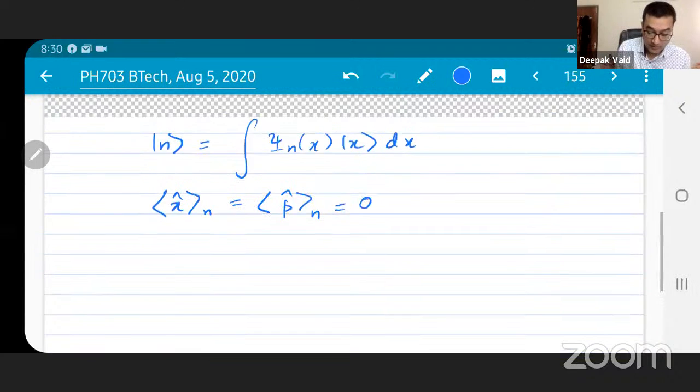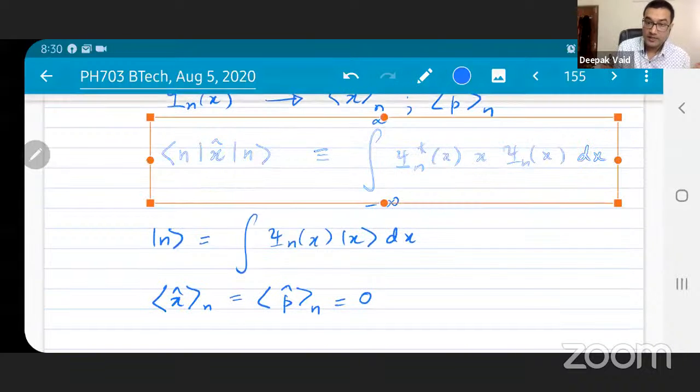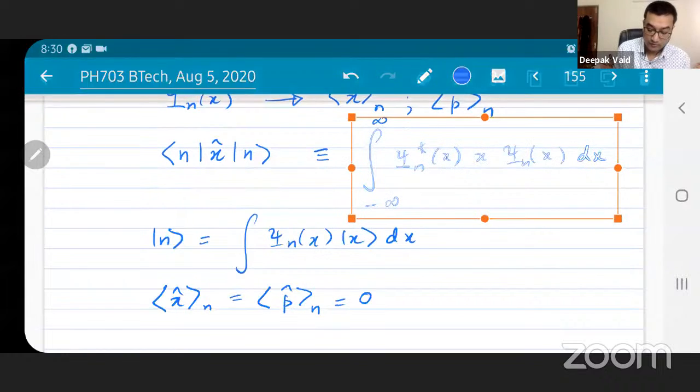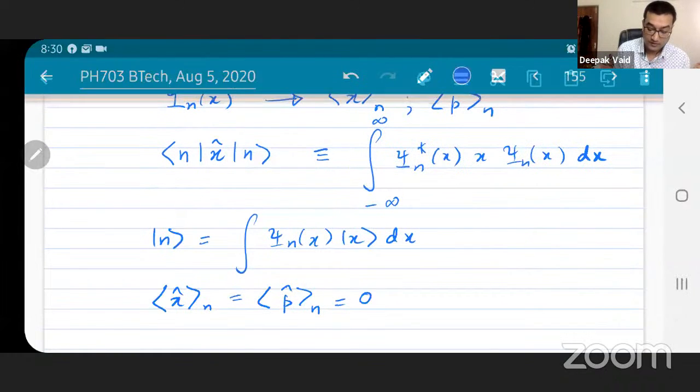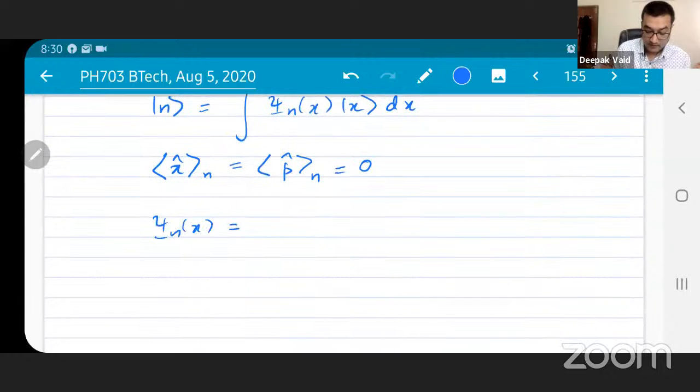To do this calculation, you would insert the solution for psi n of x, which is some constant times exponent of minus alpha x squared, where alpha is m omega by h bar or something like that, times H n of x, where H n is the Hermite polynomial of order n.